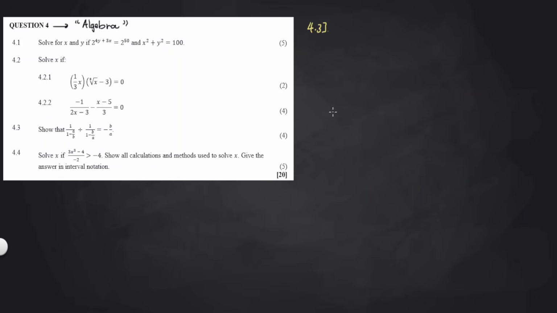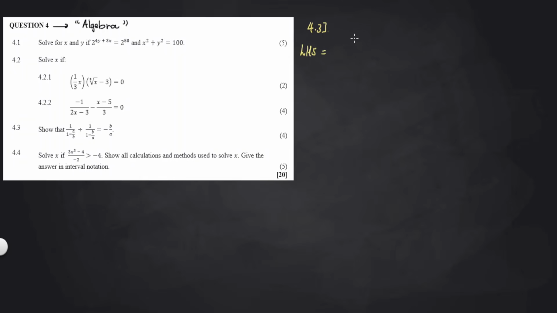Show that the left hand side is equal to the right hand side. It means that we have to take the left hand side. The left hand side can be simplified further. So let's simplify it and see if we do get to the right hand side or something similar. So we take the left hand side, we simplify.